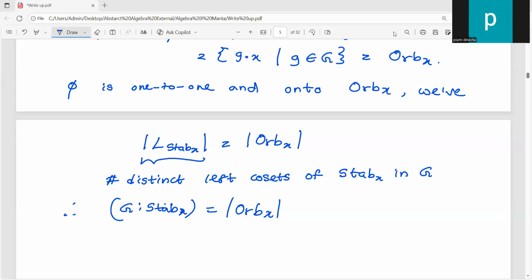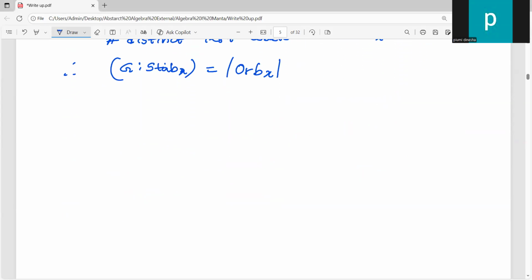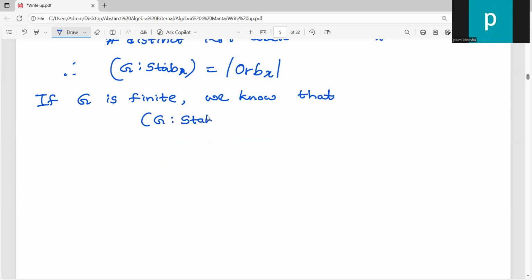Okay, now on the other hand, if G is finite, what do we know? If G is finite, we know that this index is simply equal to what?